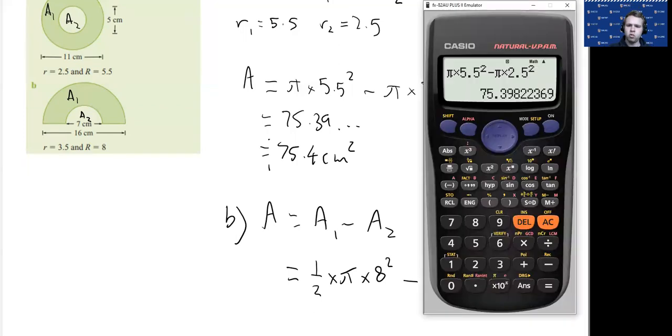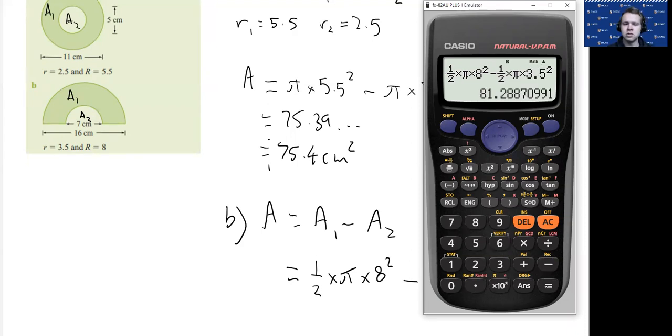Then whip out our calculator. Half times pi, make sure we press left first. So half times pi times 8 squared, and then minus half times pi times 3.5 squared.